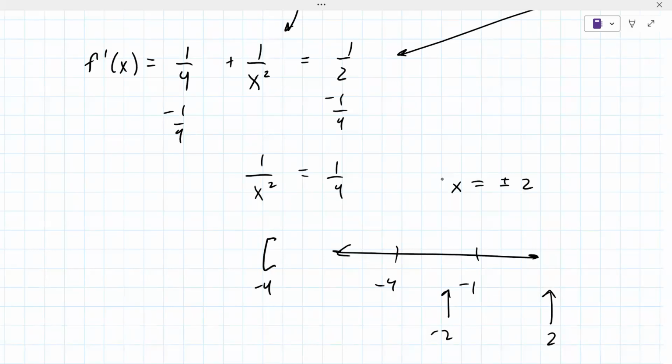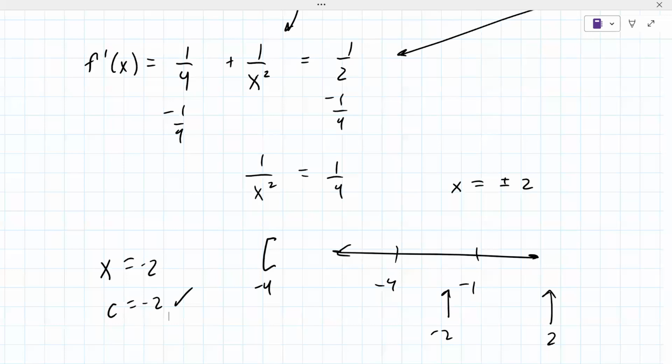Even though they're both solutions, you only want the one that's in the interval. Okay, so your answer is x equals minus 2, and that's C. I mean C is minus 2. Is that okay? Yeah. Okay, all right.